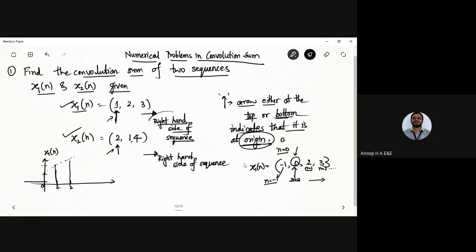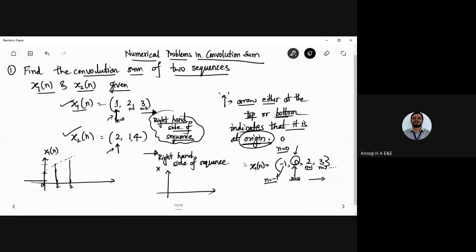So here this is at n is equal to 0, this one is at n is equal to 1, and this is n is equal to 2, and in the same way you have x2 of n. So this is x2 of n that I will be writing here. At n is equal to 0, I have 2. At n is equal to 1, it is 1.